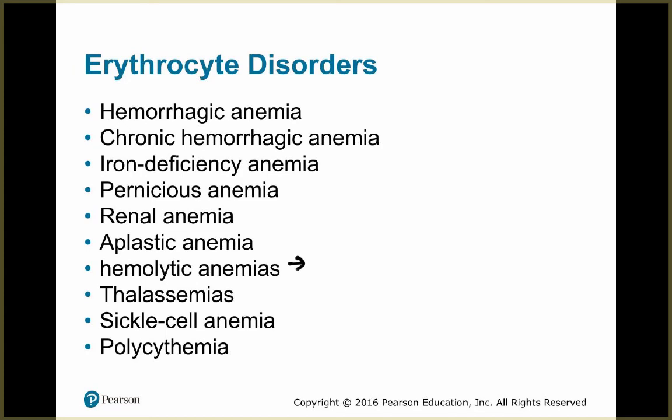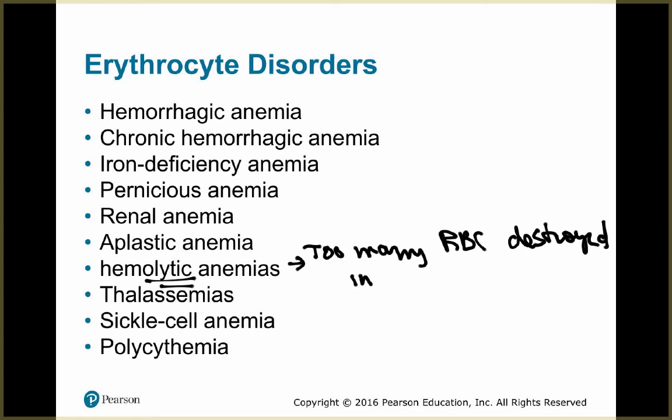Hemolytic anemia. So this is too many red blood cells destroyed. Think lysis. This is when we're destroying red blood cells prematurely. It can happen from an incompatible transfusion or infection.